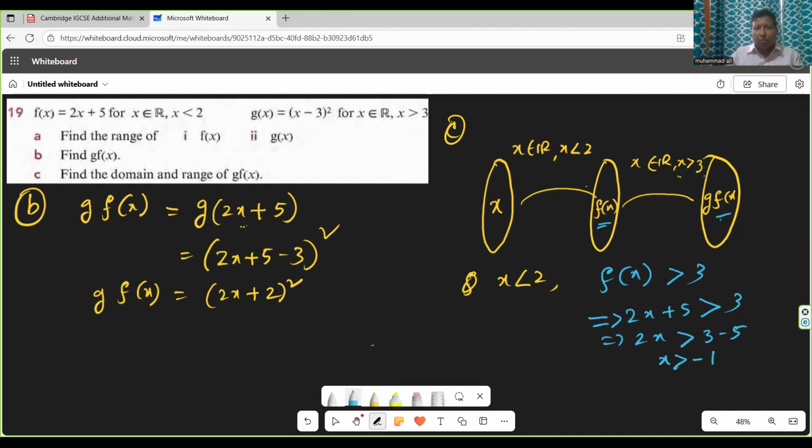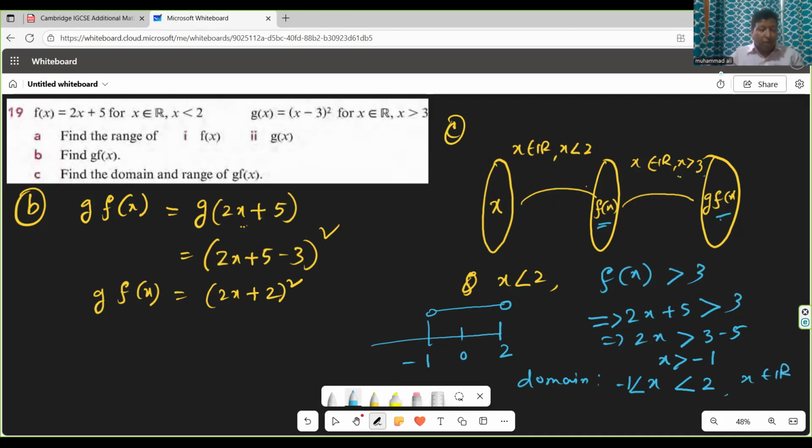So we have to show this on the number line. x > −1. So −1, this is 0, that one is 2. x is greater than −1 and less than 2. So the domain will be x > −1 and x < 2, x belongs to real numbers.